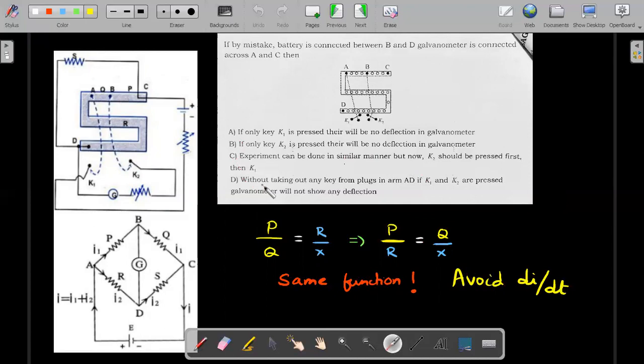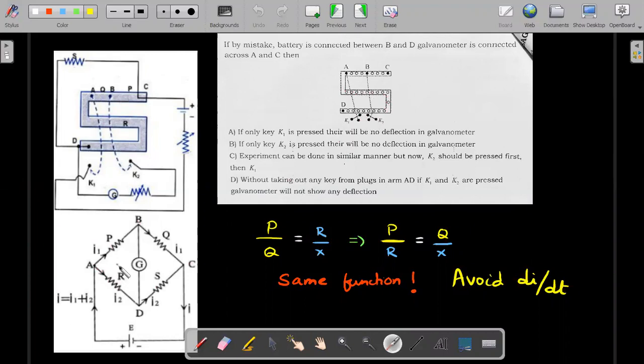Now D is a tricky one, but doable. Without taking out any key from the plugs in the arm AD, what does it mean? If someone says all the keys are plugged in, that means it is a short circuit. That means A to D resistance is a short circuit. Once it is a short circuit, this will become an unbalanced Wheatstone bridge.